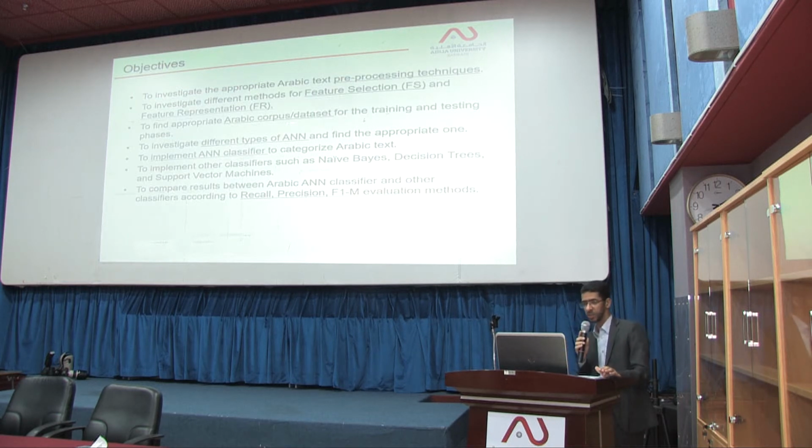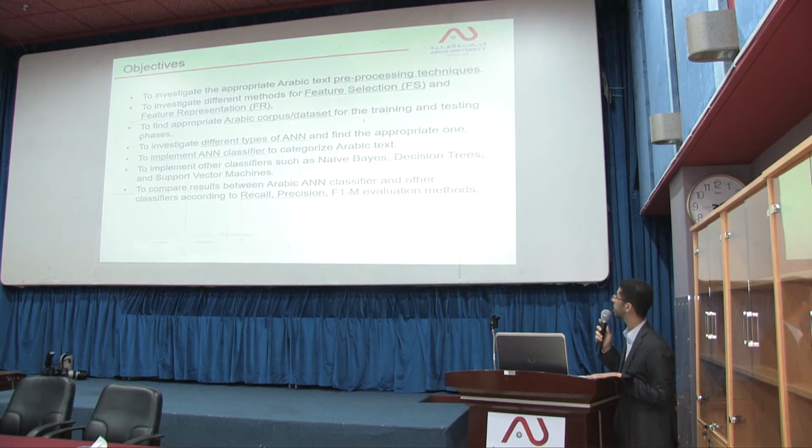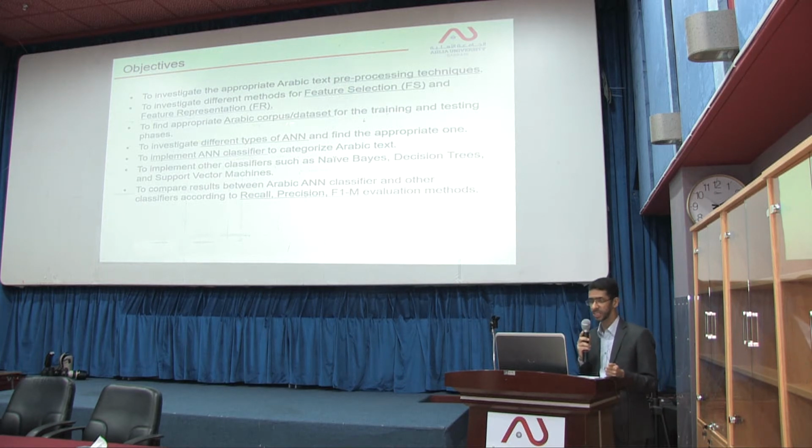My objectives for this topic are to investigate the appropriate Arabic text pre-processing techniques and to investigate the different methods for feature selection and feature representation. Another is to find an appropriate Arabic corpus dataset for the training and testing phases.